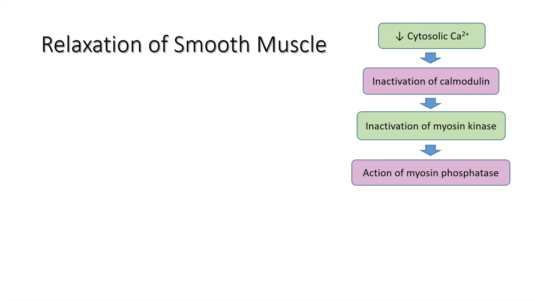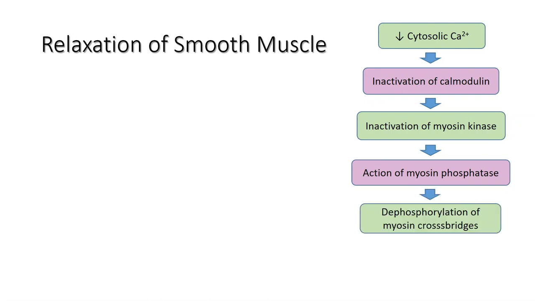When the cytosolic calcium concentration decreases, the rate of phosphorylation decreases below that of dephosphorylation, and the amount of phosphorylated myosin decreases, producing the relaxation.